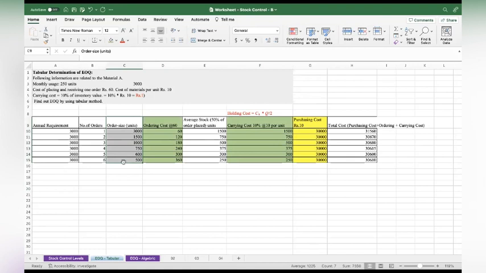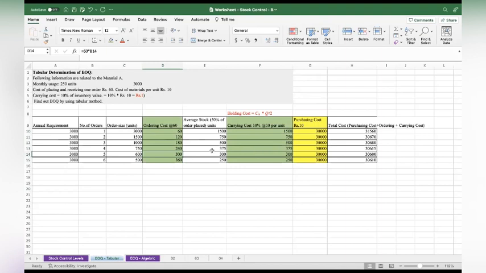These are EOQ levels. Now we need to find the economic order quantity level where carrying cost and ordering costs are equal.